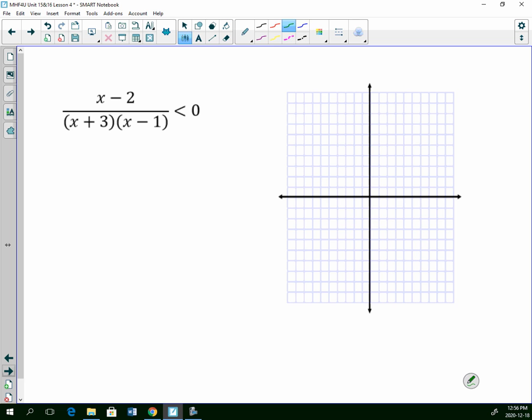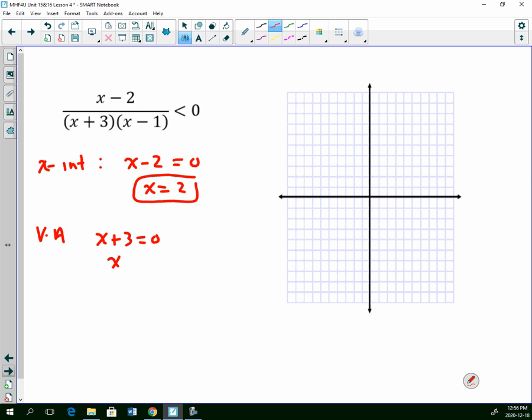So likewise this one, the numerator would give me my x-intercept. So that is 2. My denominator, I have 2 vertical asymptotes, one at -3, and then one at 1, sorry. So those are the 3 values that are important.